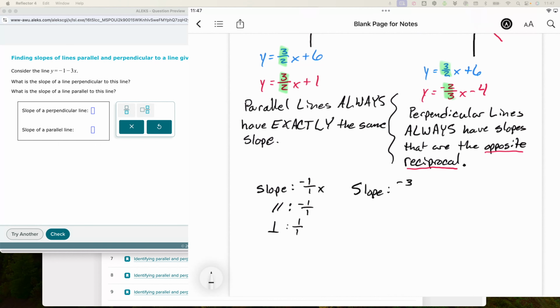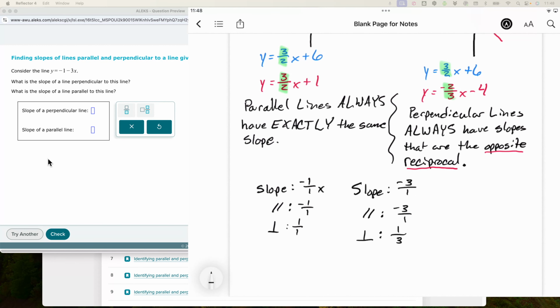And we're going to write it negative 3 over 1, just because I like to put them as fractions. So the slope of a parallel line will be exactly the same, negative 3 over 1. The slope of the perpendicular line will be the opposite reciprocal, so opposite of negative is positive, positive 1 over 3.